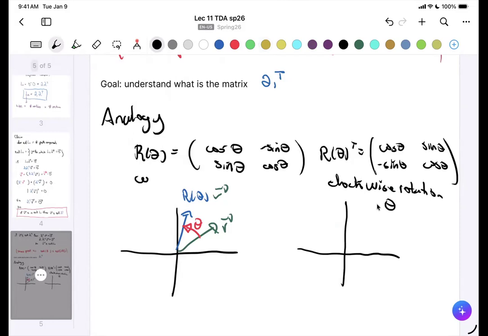That's what I mean. I'm going to try to find the transpose of this matrix in this sense, where I actually want to understand what it's trying to do, not just find the matrix in terms of entries and transpose those entries, because that doesn't tell you what's going on.